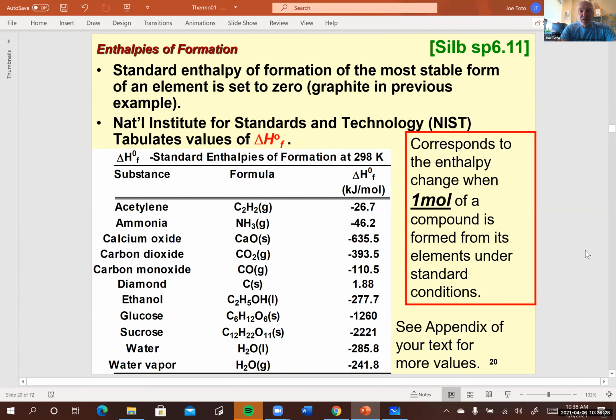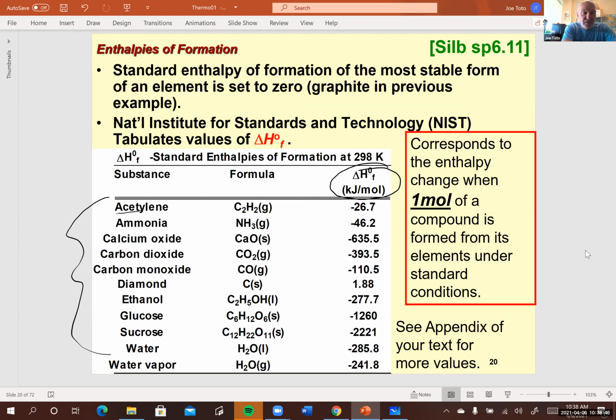All right. Now, what laboratories have done all over the world is tabulate these delta H of formations that they found experimentally. So here they took graphite and hydrogen and they formed this molecule, and they found that for 1 mole of that molecule formed, that's how much energy was given off.